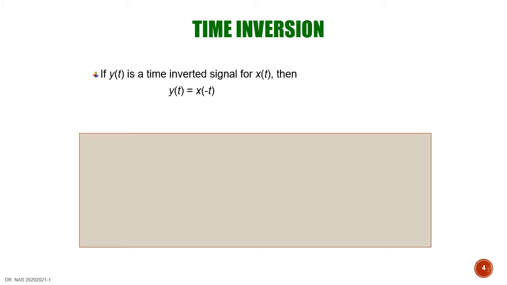Remember the general equation, y equal to x(t). When there's time inversion, you need to look inside the bracket. Here there's an additional notation inside the bracket, which is negative.